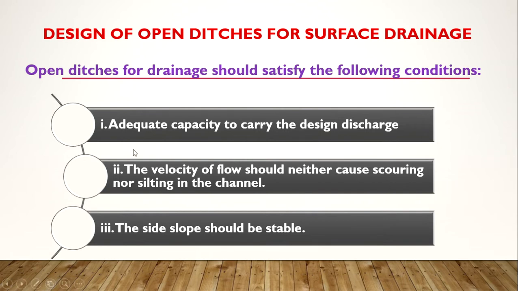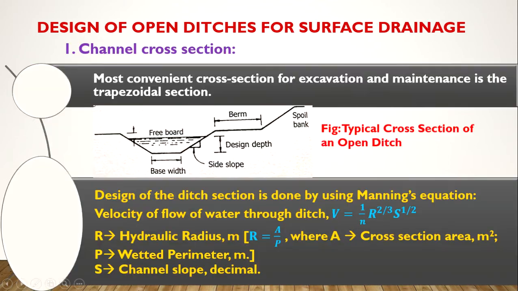Second thing is velocity of flow inside the ditches should neither cause scouring nor silting in the channel. It should not cause any erosion or sedimentation. It should have an optimum velocity. Third one is the side slope of the channel should be stable. So these are the three things which we have to see before constructing open ditches.